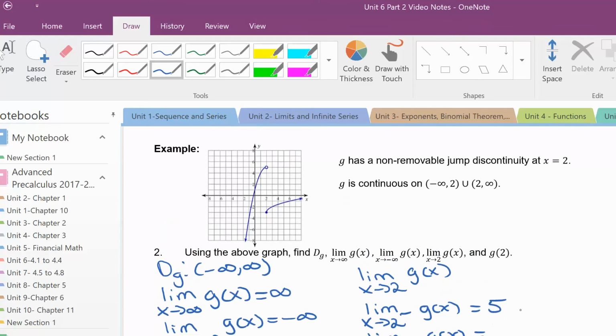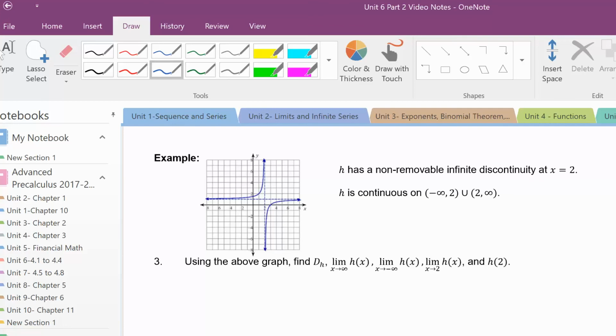The right-hand limit goes to -3. So therefore, the limit of the function as it approaches 2 does not exist. The reason why is the limit from the left does not equal the limit from the right. And this creates what's called a jump discontinuity because the limit from the left and right are different. So therefore, you have to jump from one place to the next.